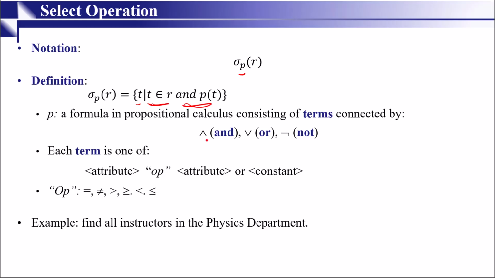We can use and, or, not in here. Also, we can use operators like equal, not equal, greater than, greater than or equal, less than, or less than or equal.